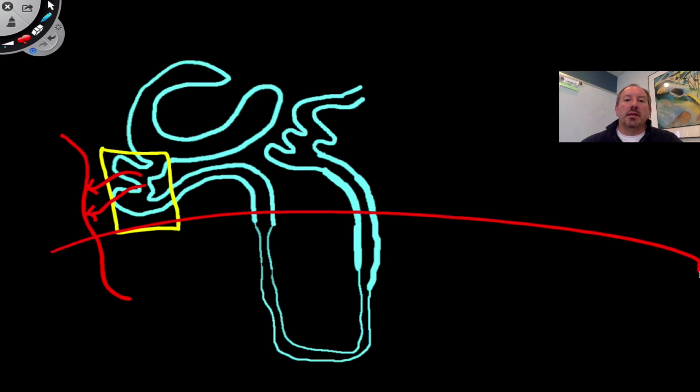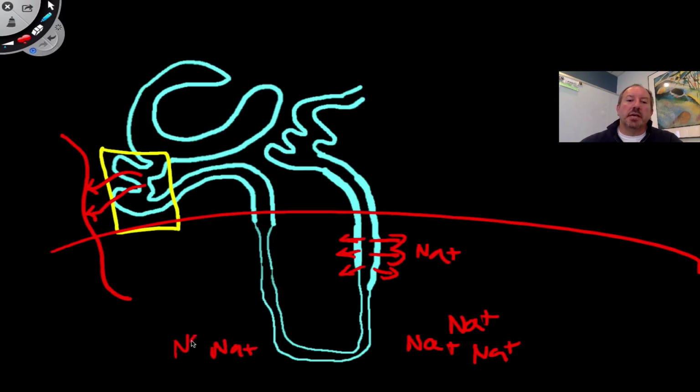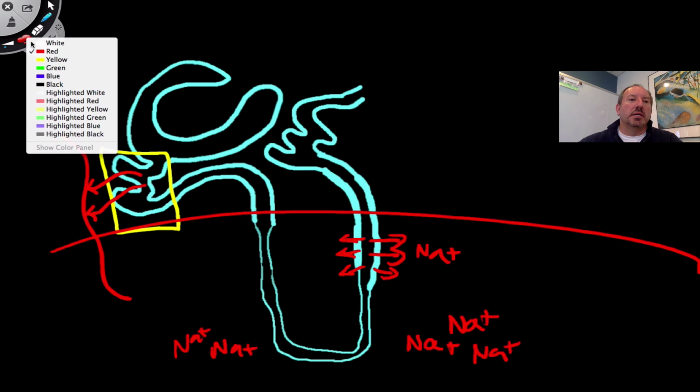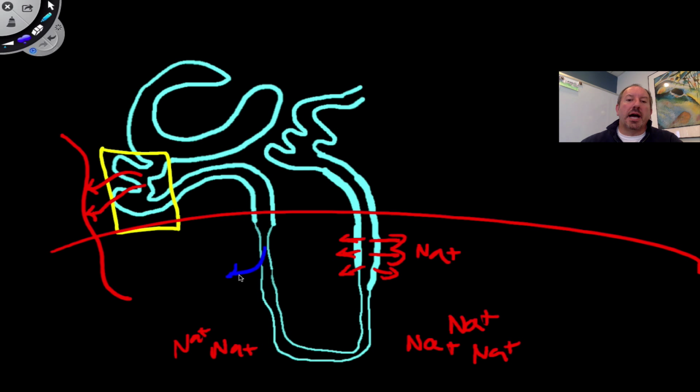And again, this is the medulla, and it's very salty down here because we're actively pumping, so a lot of ATP, making it very, very salty in the medulla, so that we could allow the osmosis of water. So water is leaving at this point.